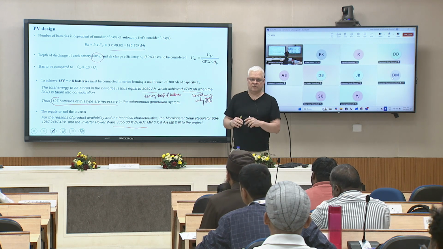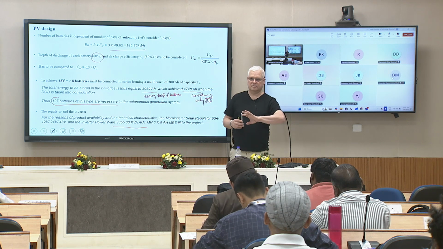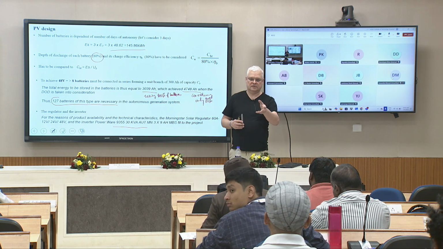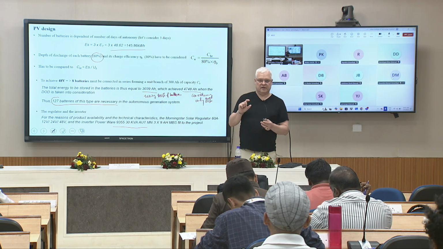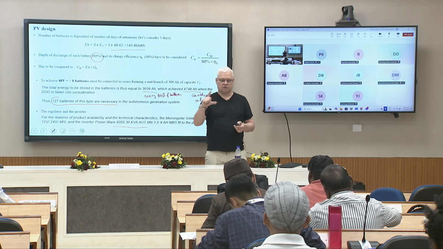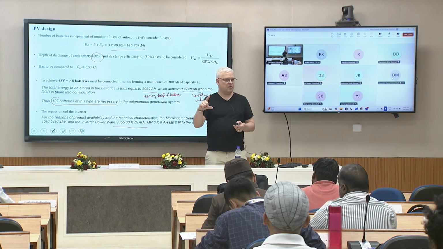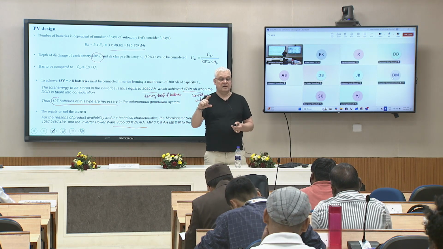It was to have a design regarding PV, regarding the battery rack. In between there is the inverter. The main thing for the inverter is to be consistent with the maximum power of the PV central, so it is the peak power of the PV central.